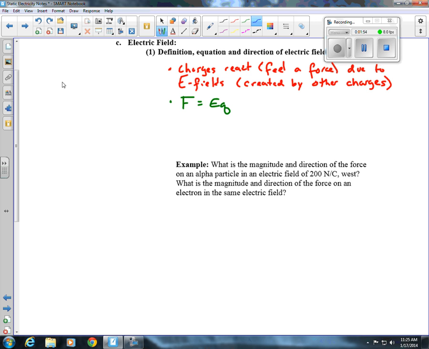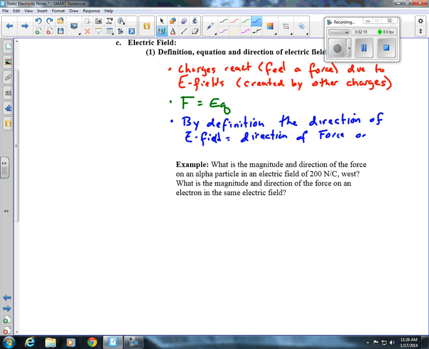And then, by definition, the direction of the electric field equals the direction of the force on a positive charge.